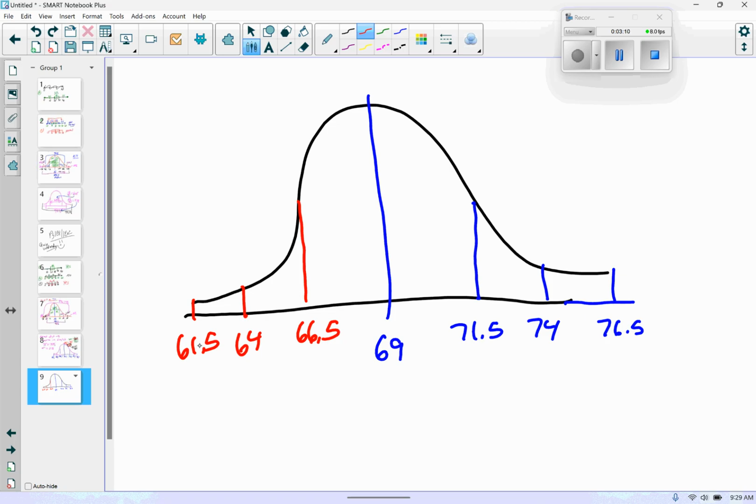All right. So on that normal curve that I gave you, write in as neatly as you can this information on that normal sheet so you can access it.